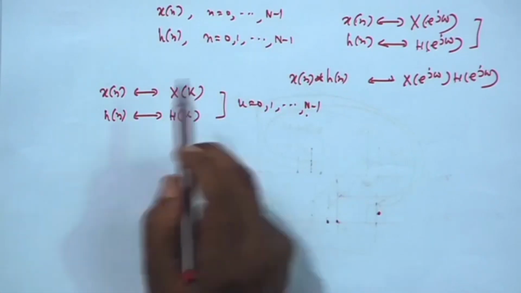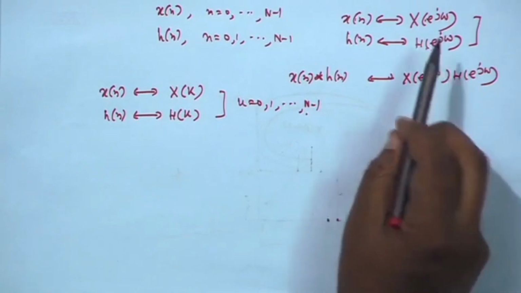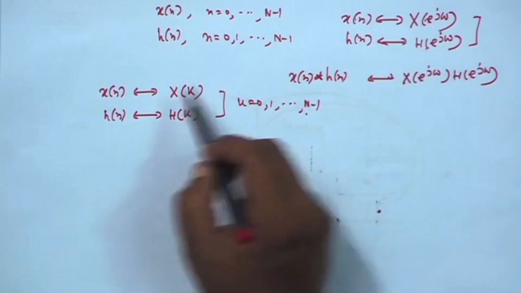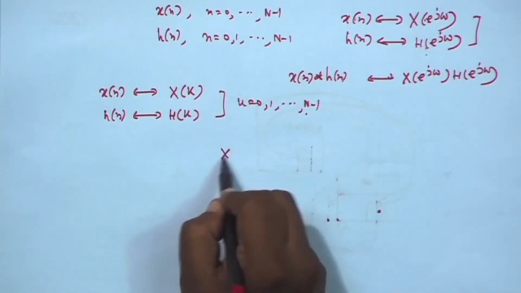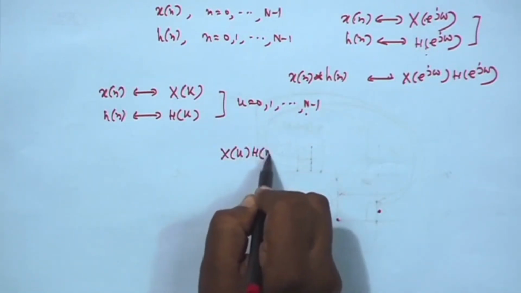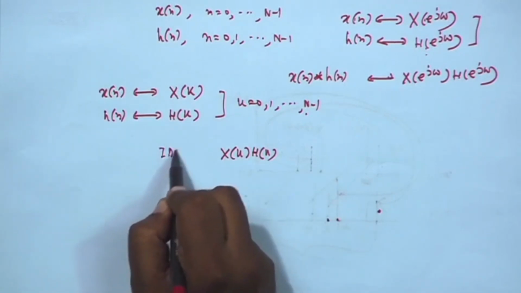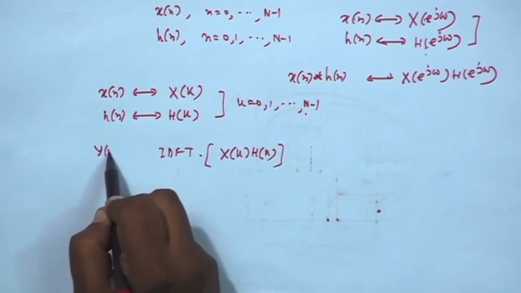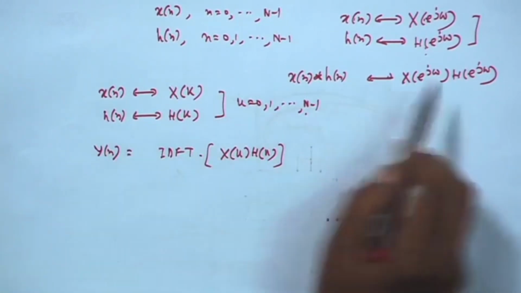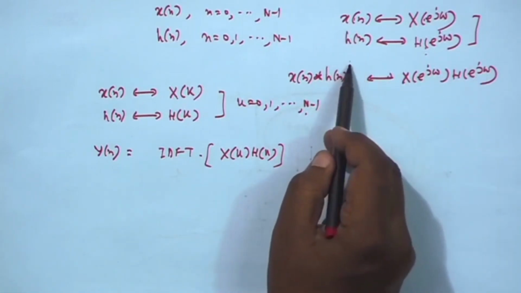So, here also I multiplied the two DTFTs. Here instead of the DTFT as such, I am taking the kth sample of this as x k, kth sample of this as h k, multiplying them x k h k, and then I take the inverse, to get y n. That time when you took inverse DTFT of this, I got convolution between the two.